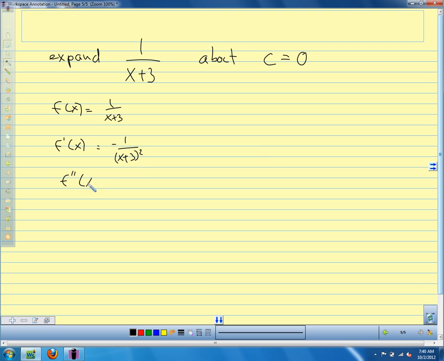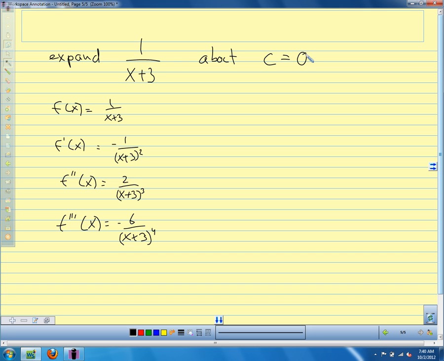Second derivative is 2 over x plus 3 to the third, and my third derivative is minus 6 over x plus 3 to the fourth. And just as a general suggestion, if you can expand about c equals 0, that usually makes your life a little easier. The expansion is usually a little easier.